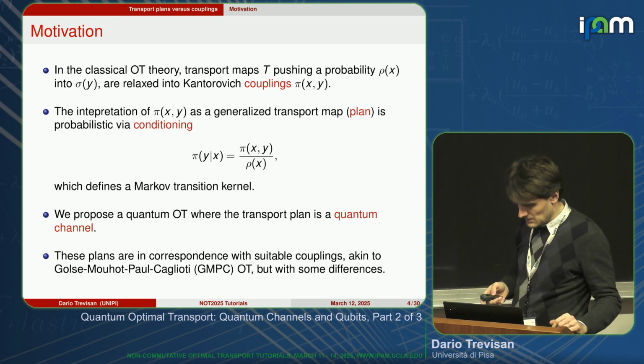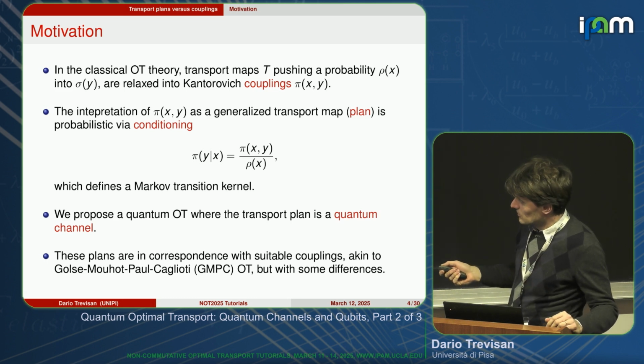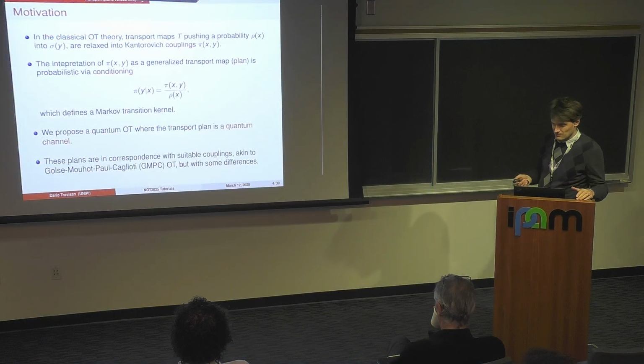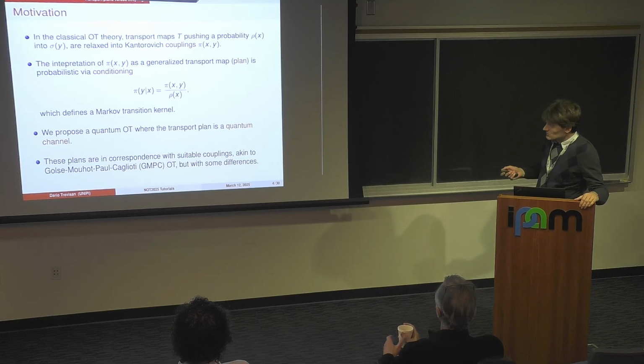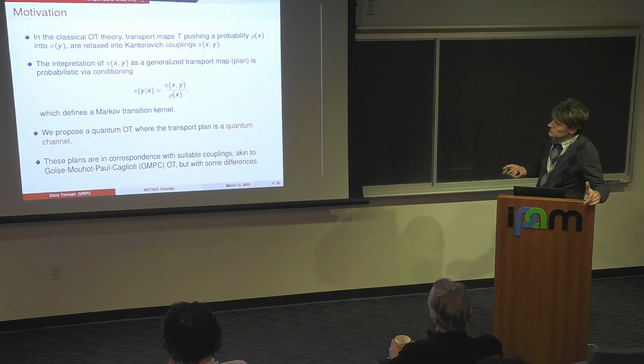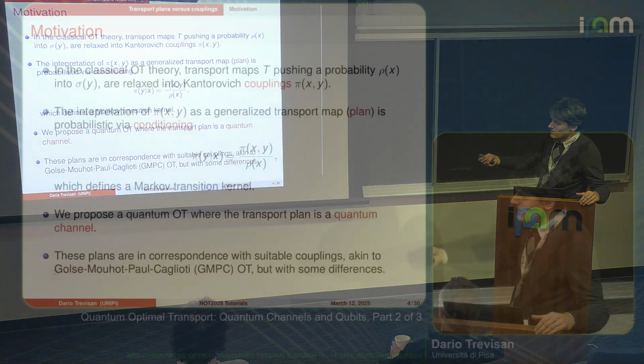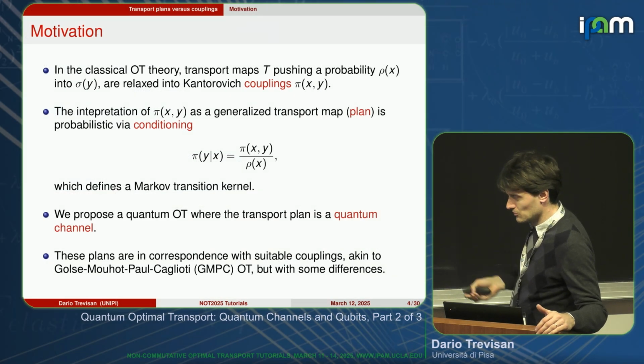So what you should actually do is relax the problem, not in terms of couplings, but in terms of these plans, which are Markov kernels. These are the same that appeared in Trifon's lectures yesterday, okay? So you see, there's a slight difference, but it's trivial, just dividing by rho. Of course, this should be defined on the support of rho, where I can actually divide. Otherwise, if I really don't have mass at X, I don't care where I move it, okay?